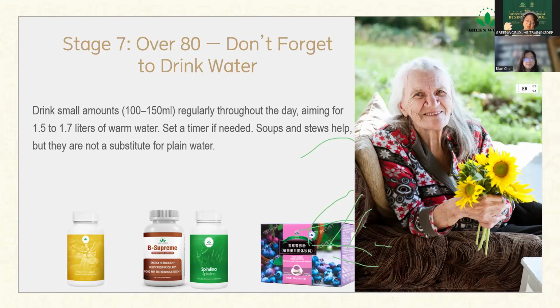They can supplement B supreme or spirulina capsule if on metformin or PPI drugs, or if vegan. They can take Blueberry Super Nutrition if intake from food is clearly insufficient. So Blueberry Super Nutrition is the ideal choice of dietary supplement for the very old aged group to support their nutritional needs, whilst providing proper hydration.